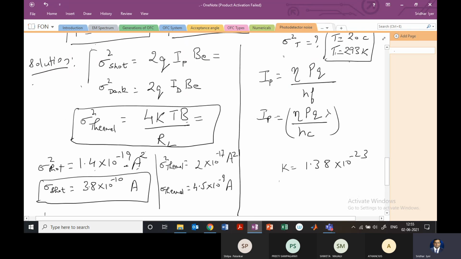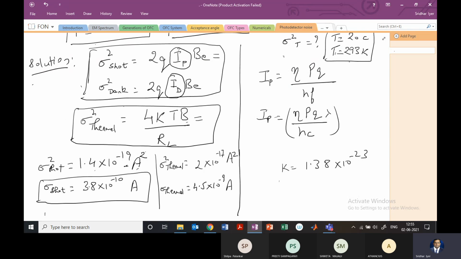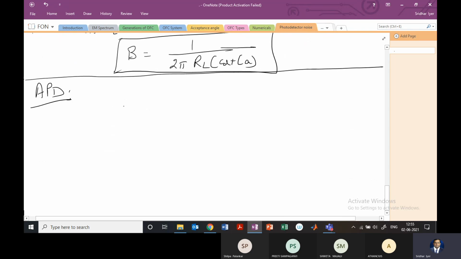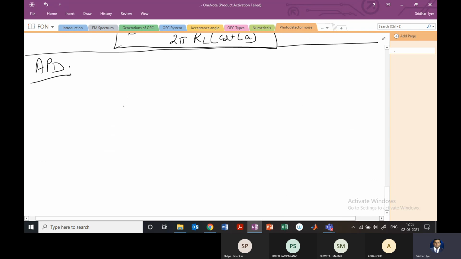But the shot noise and dark current will change because they both are related to the current I, and when we use an APD, the current is going to multiply. The thermal noise is independent of the current, so nothing happens to it whether you're using a pin diode or an APD.